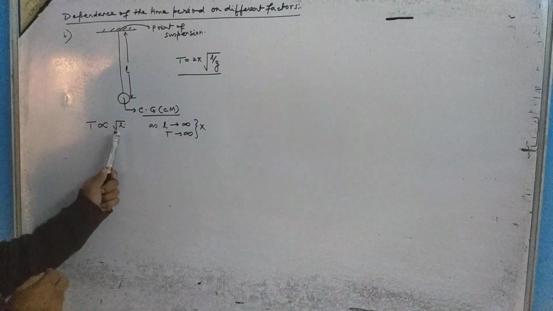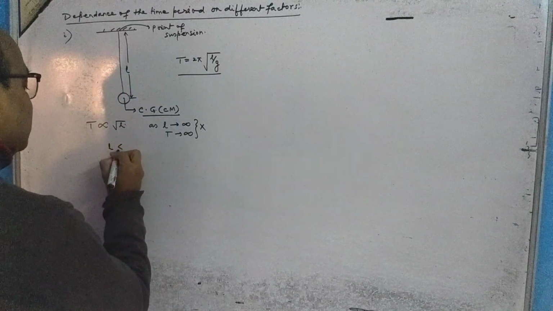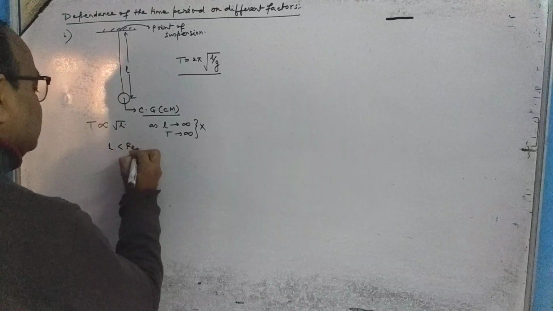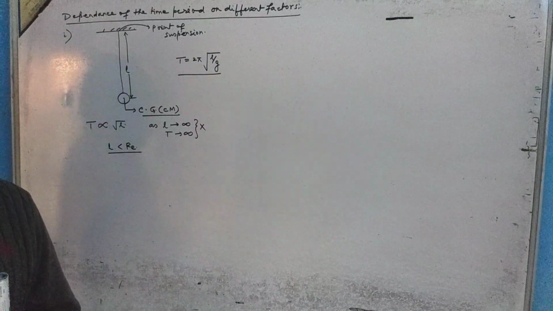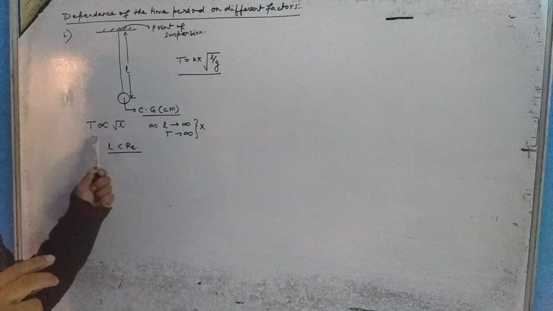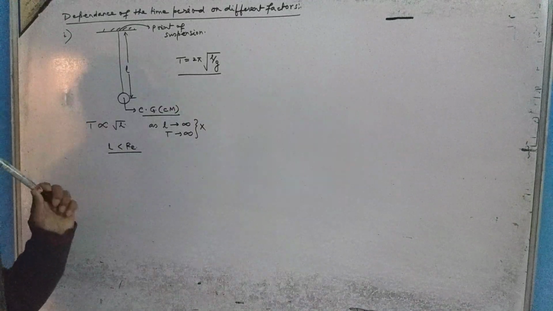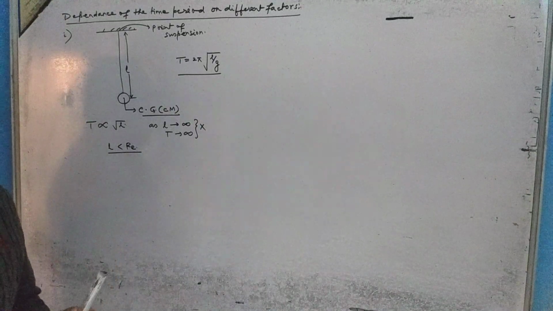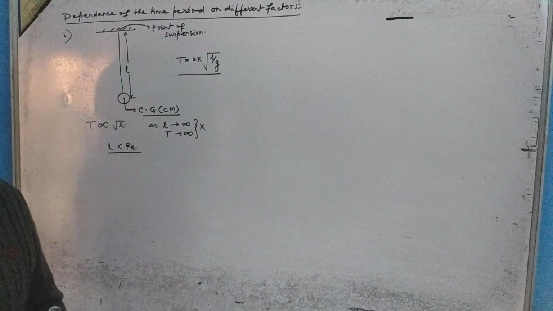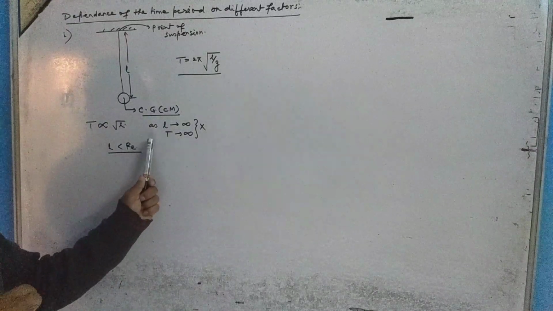Rather, this rule will be followed only till L is less than R_E, that is the radius of the earth. Try to follow the limitation of this dependence. This dependence will only apply up to this limit. Means if the length is less than the radius of the earth, तभी वहां तक अप्लाई होगा. अगर ये radius of the earth के बराबर हो जाए या उससे greater हो जाए, then it will not be applicable.